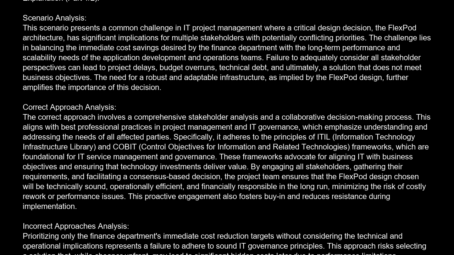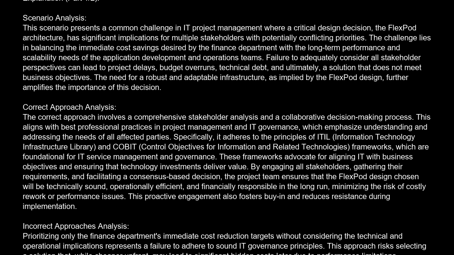Correct approach analysis. The correct approach involves a comprehensive stakeholder analysis and a collaborative decision-making process. This aligns with best professional practices in project management and IT governance, which emphasize understanding and addressing the needs of all affected parties. Specifically, it adheres to the principles of ITIL, Information Technology Infrastructure Library, and COBIT, Control Objectives for Information and Related Technologies, frameworks, which are foundational for IT service management and governance.